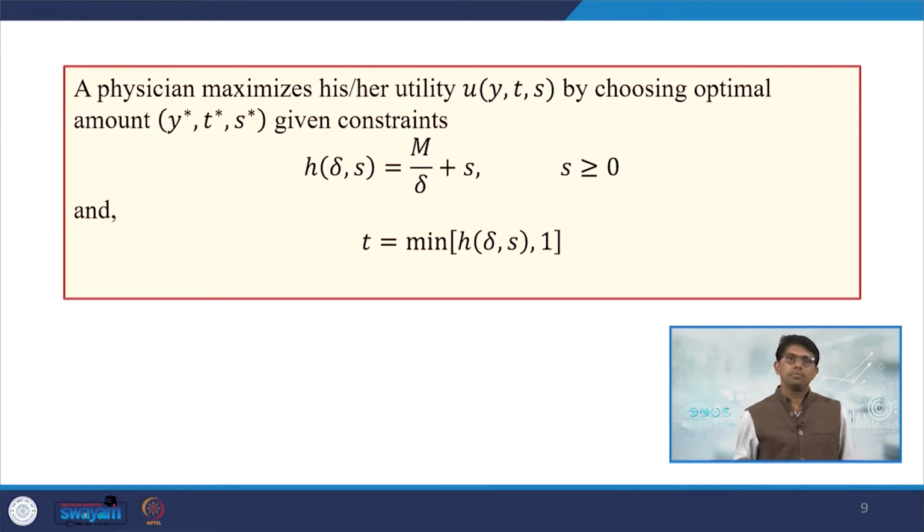A physician maximizes his or her utility with respect to y, t and s by choosing the optimal amounts, in that case maybe y star, t star and s star.